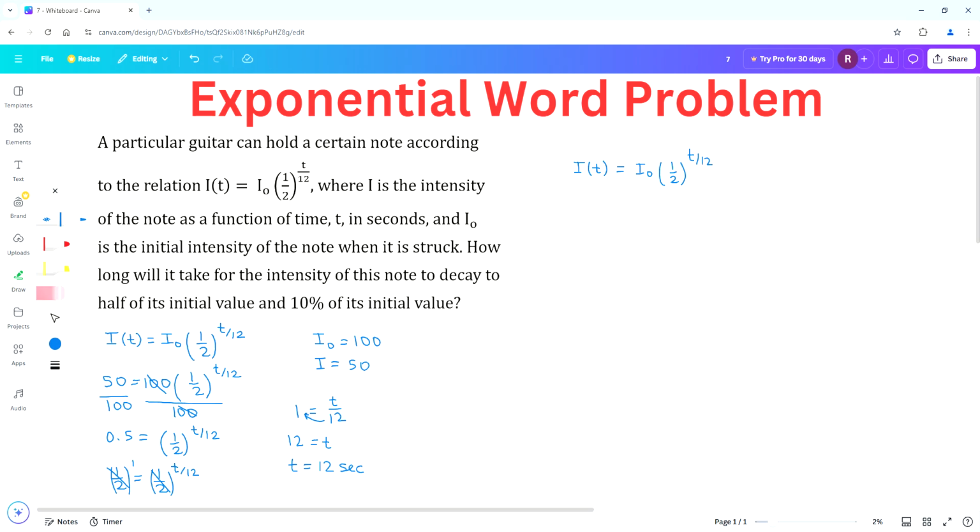In the second part, we have to find the time it will take the note to decay to 10% of its initial value. Let's assume the initial value of the intensity is 100.